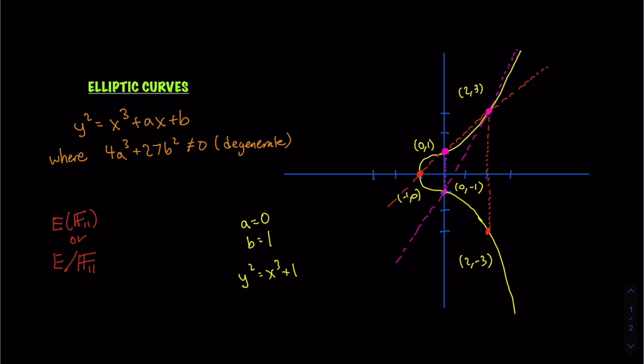The first method was to connect two existing points on the curve, and where it intersected the curve a third time was another valid point. The second method was the tangent method. If we draw a tangent line to a valid point, where it intersects the curve a second time is another valid point. And for both these scenarios, we could take that newly found valid point and flip it over the x-axis to get another valid point.